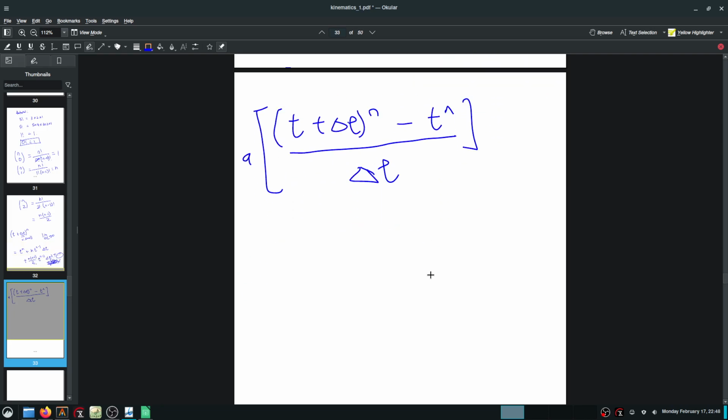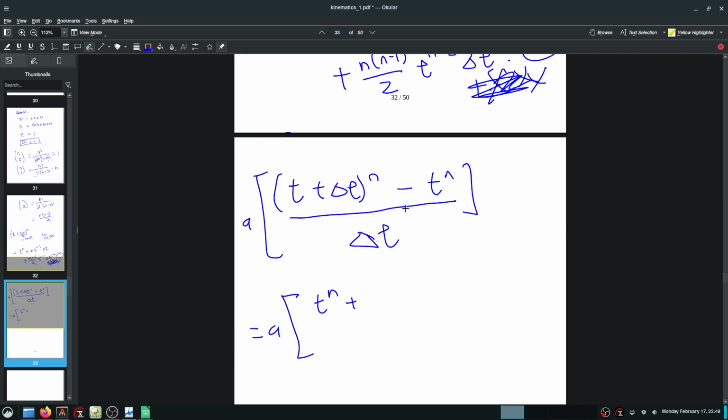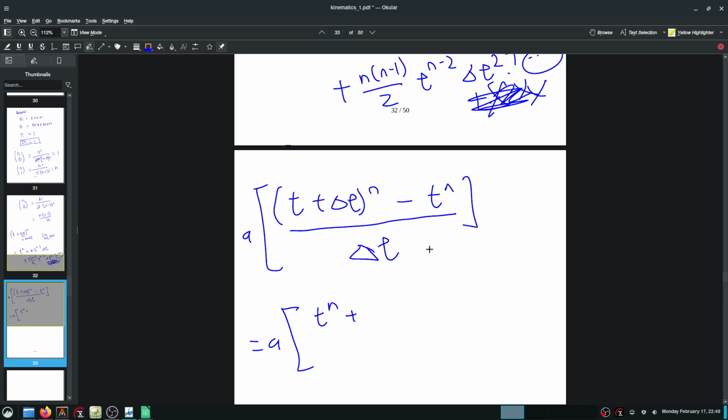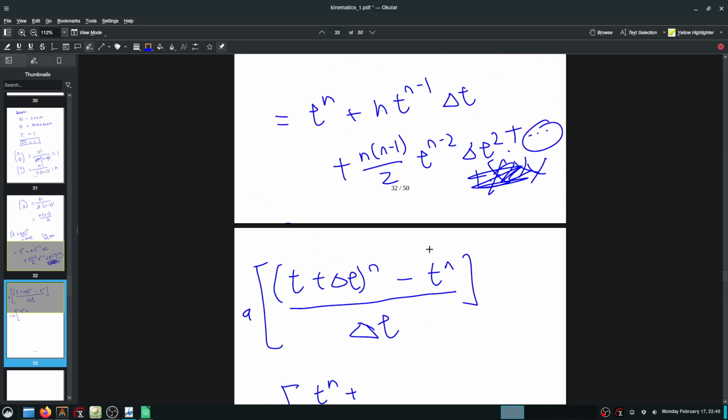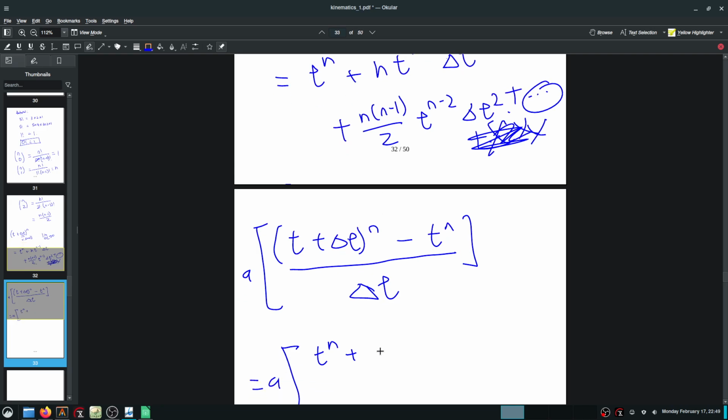So let's write the first term: a times t to the power n plus n t to the n minus 1 delta t plus n minus 1 over 2 t to the n minus 2 delta t squared, plus dot dot dot, minus t to the n.